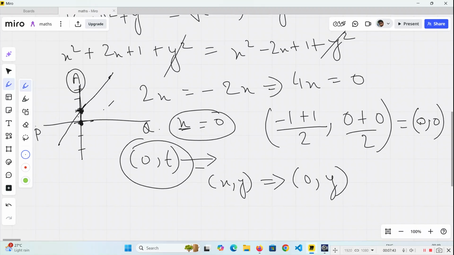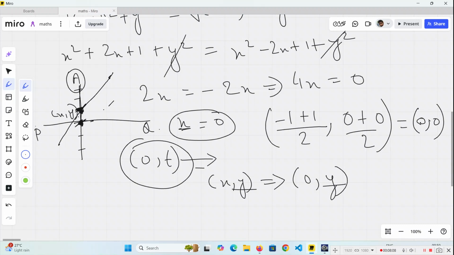Why is it so? It is because for any point on this, the y will be changing; the x coordinate will be 0 in this case, and the y coordinate will be the same as the y coordinate of this one.